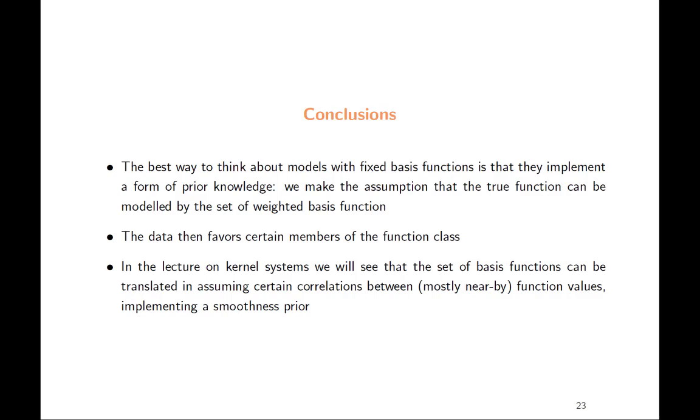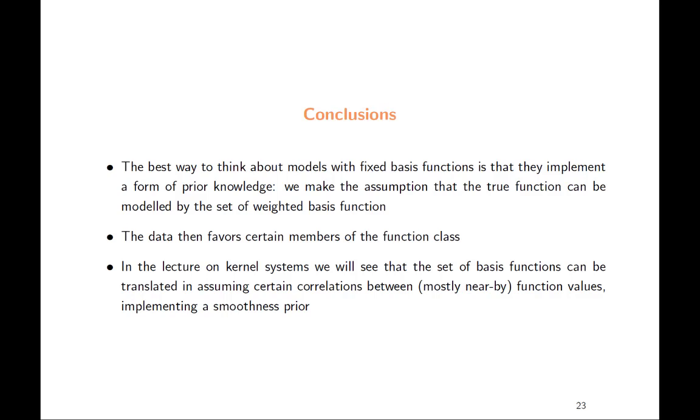So you can think of it as a form of prior knowledge, because the prior assumption is that your function can be modeled by the basis functions you are assuming. So if you assume Gaussian basis functions, you assume that the function can be modeled by a sum of Gaussian basis functions. If you assume polynomial basis functions, the same is true for polynomials. Then the data can favor certain members of a function class.